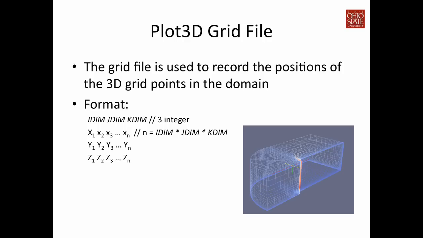Then you are going to provide a sequence of x positions for the points, followed by a sequence of y positions, followed by a sequence of z positions. So you can imagine you're going to read a chunk of x coordinates for the points, and then y coordinates, and then z coordinates.